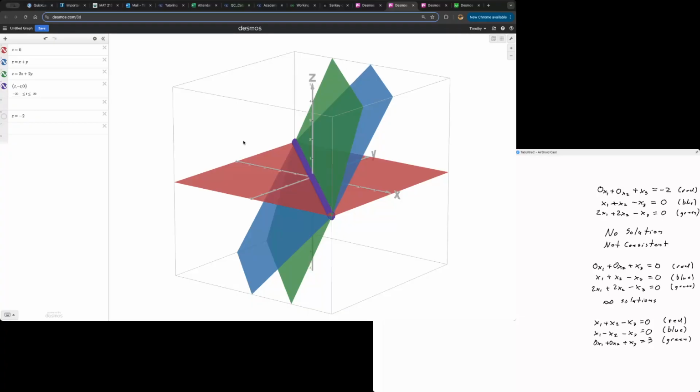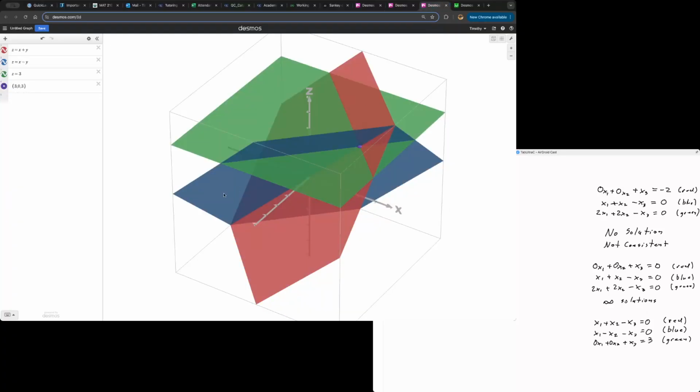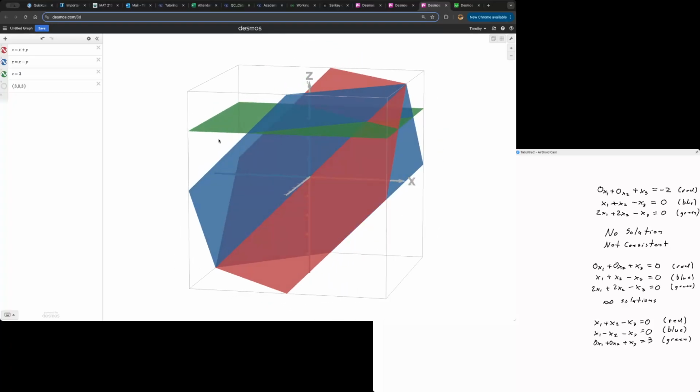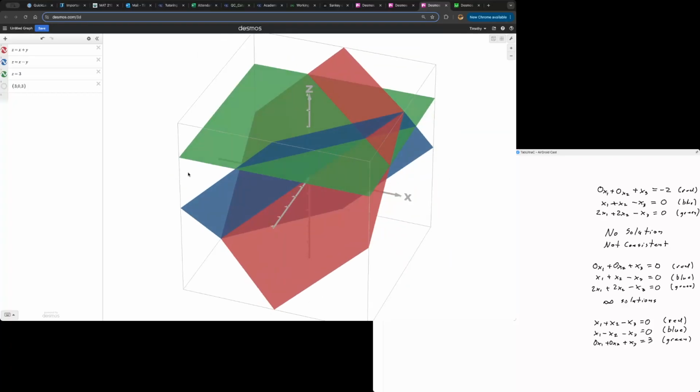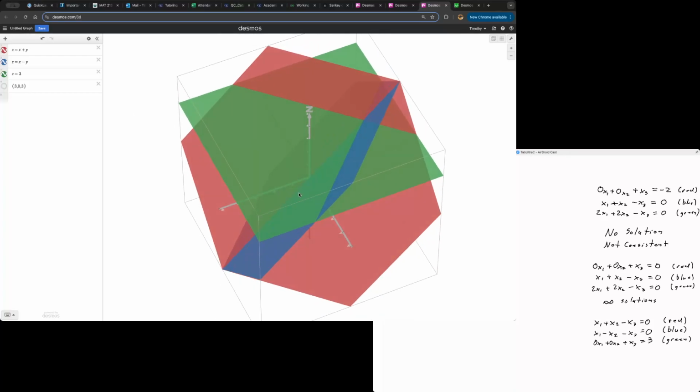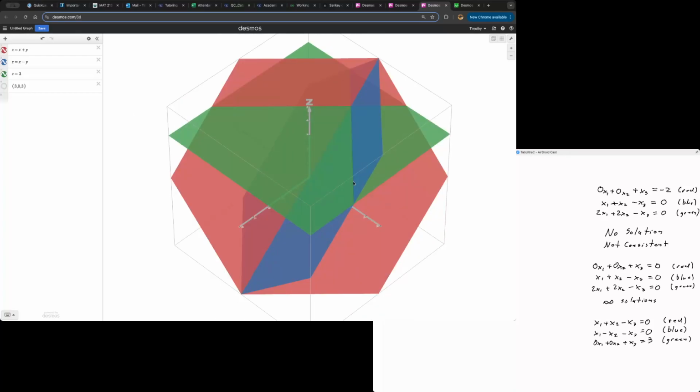And so when I do that, I'm looking at this set of planes. And it looks like there isn't a single line that all 3 of them connect at. Instead, there's this point. The 3 planes intersect exactly at this point right here.